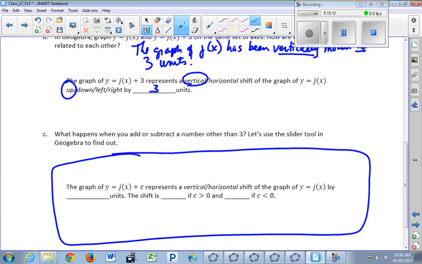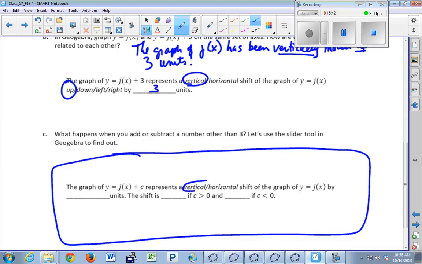Can someone fill this in for me? Read it and fill it in as you go along. Nobody can do that in the whole class? The graph of y equals j of x plus c represents a vertical horizontal shift.